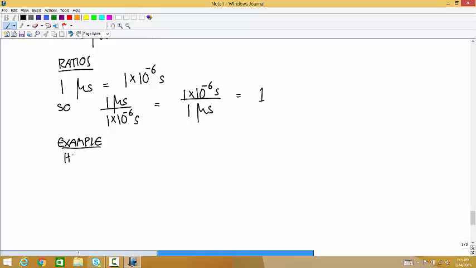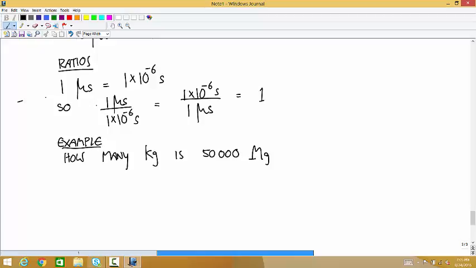Let's say we want to know how many kilograms is 50,000 megagrams.